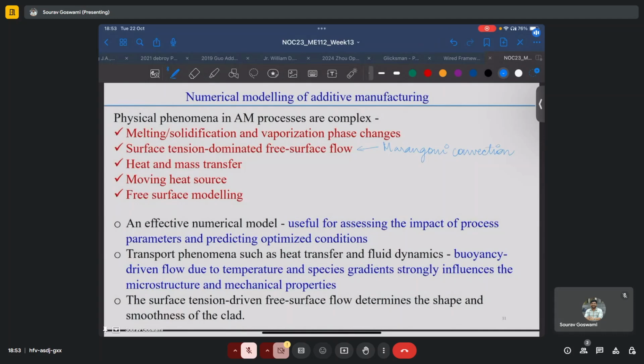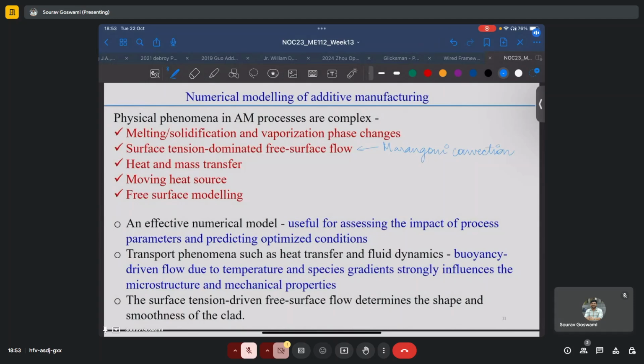Next is modeling of the heat and mass transfer process. Another is modeling of the moving heat source. And finally, one critical aspect is modeling of the free surface of the bead because that determines the final bead geometry. Now, any effective numerical model would be useful for assessing the impact of process parameters and for predicting the optimized conditions.